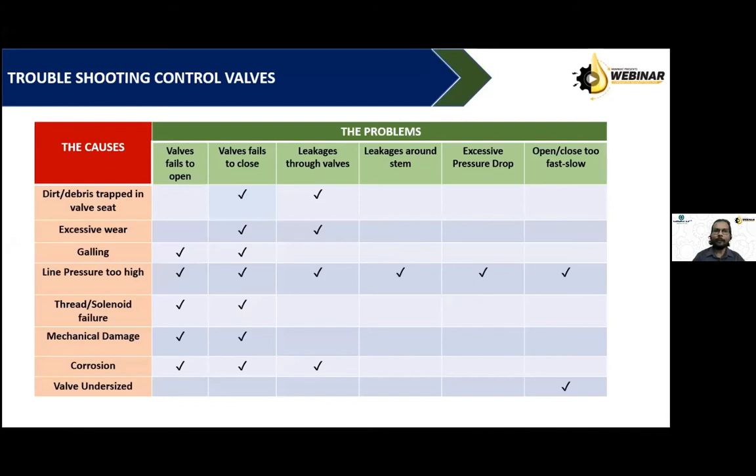So here we have just tabulated issues with the reason, and you can see that for failure of the valve to open or close, most of the issues will play the role, like dust, debris, that is caused by contamination. They may also cause silting on the moving spools.